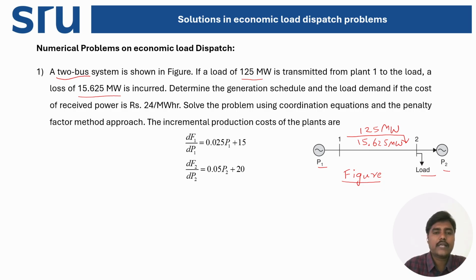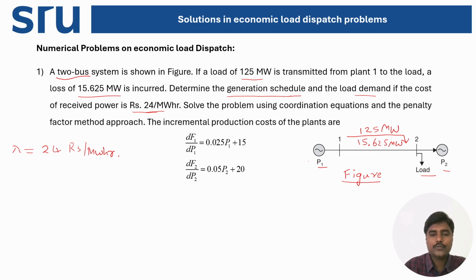Now determine the generation schedule and the load demand if the cost of received power is rupees 24 per megawatt hour. Whatever the cost is given here is nothing but the lambda value, the Lagrange multiplier. So this lambda is 24 rupees per megawatt hour. Now we have to determine the generation schedule.